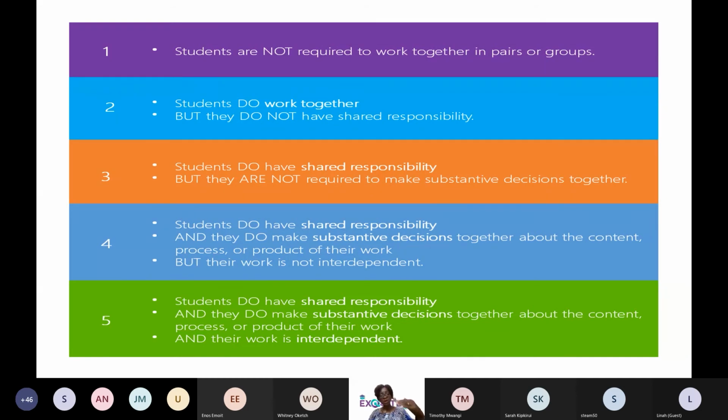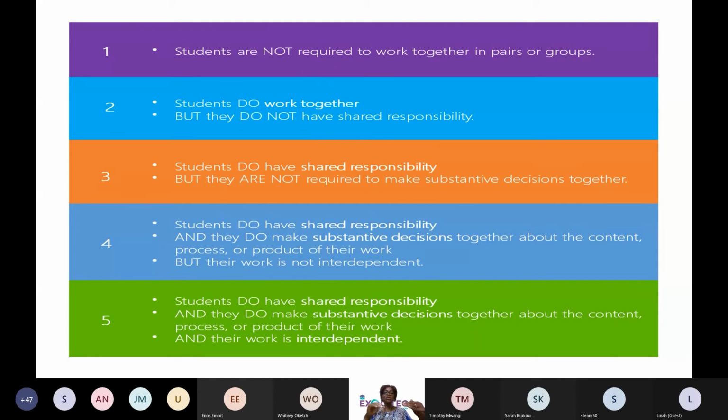But that's the lowest level, which is level 2. But do they have shared responsibility? Is somebody doing something, and does everybody have what he or she is putting on the table where the activity is concerned? If the answer is yes, then they move to level 3. But then this responsibility that was shared, was it their decision or was it assigned by the teacher?